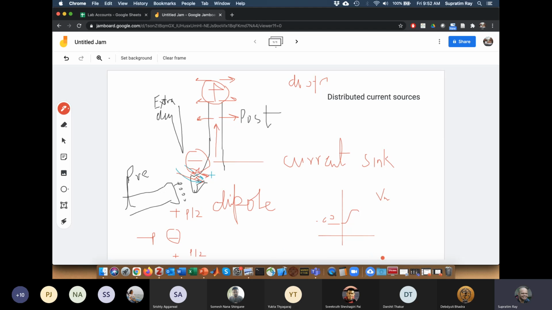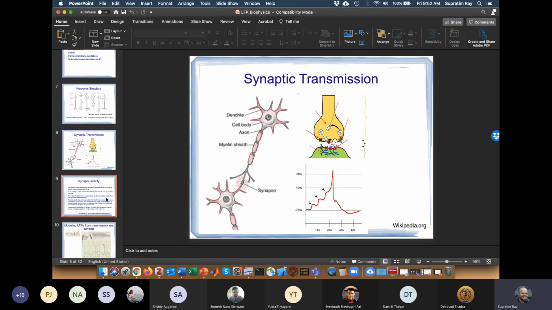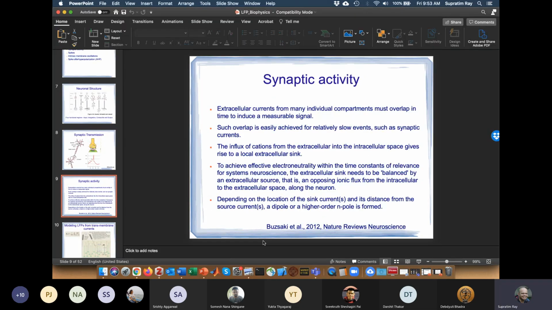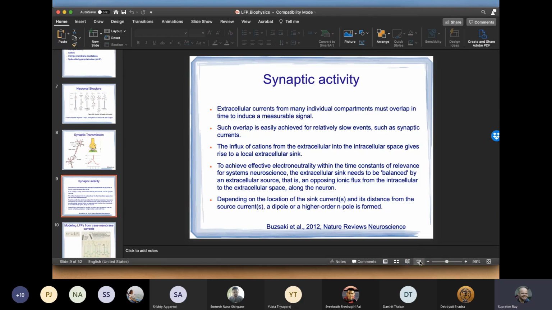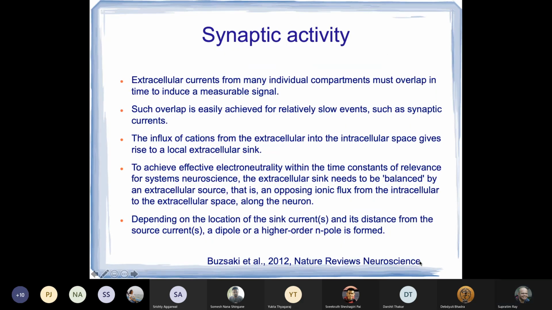Okay, so this is fairly physics heavy stuff. What I told you is again taken from this review paper, but it's well accepted. So let me just read this out. Extracellular currents from many individual compartments must overlap in time to induce a measurable extracellular signal.